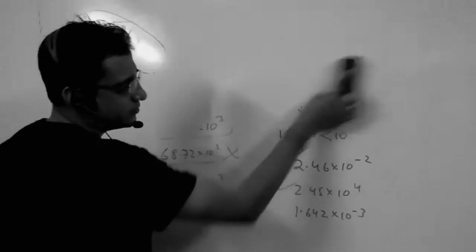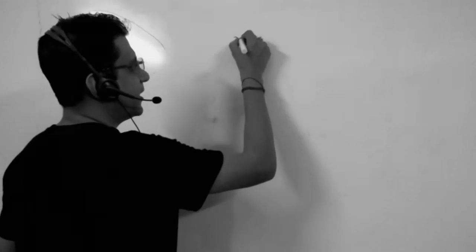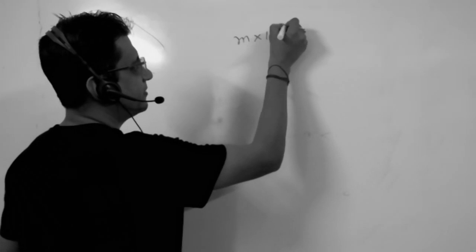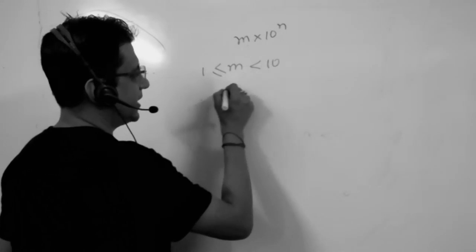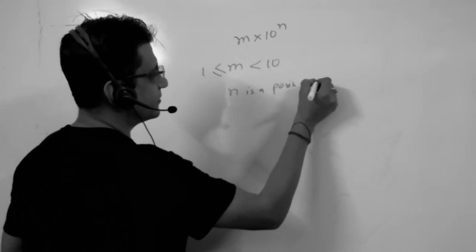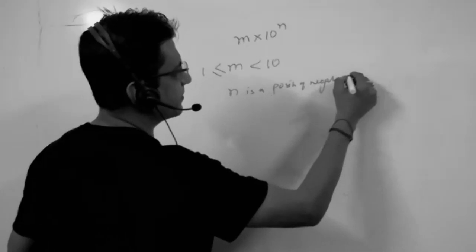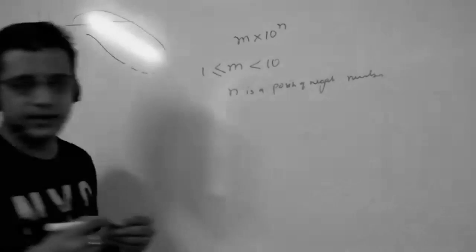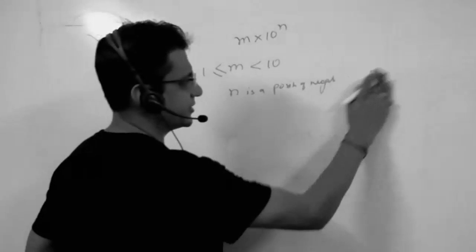Is this point clear? Yes, M into 10 to the power n, where m is greater than or equal to 1 and less than 10, and n is a positive or negative integer.